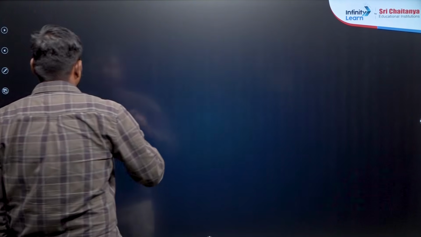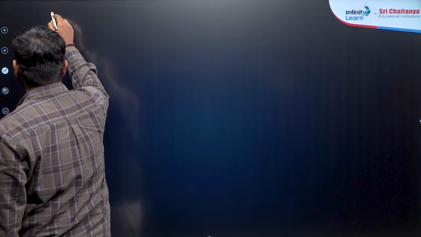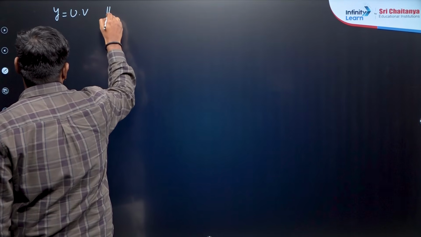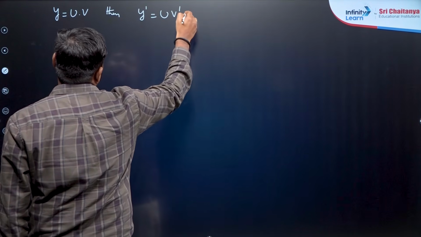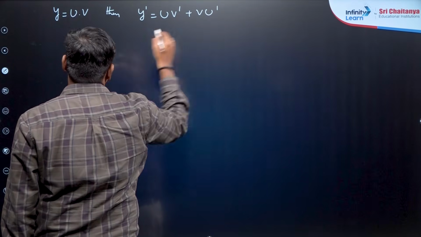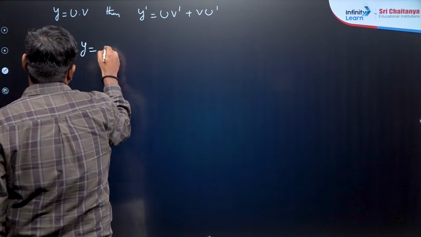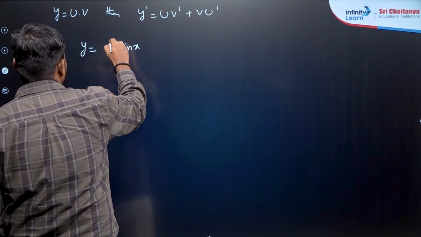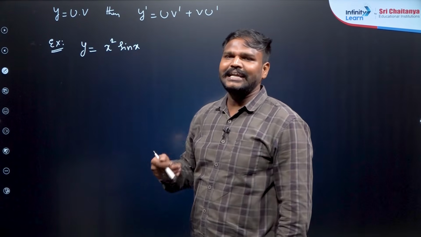Right. Let us discuss an example for u into v now. u v dash plus v u dash. What example am I giving you? I am giving you x square into sin x. x square is an algebra function, let us say. sin x is a trigonometric function.